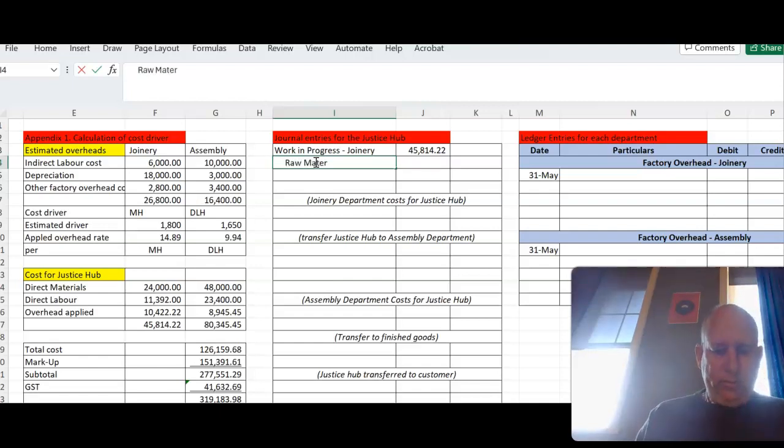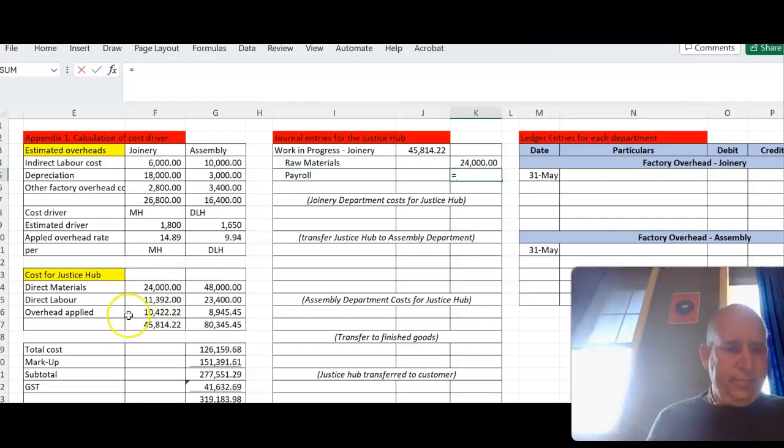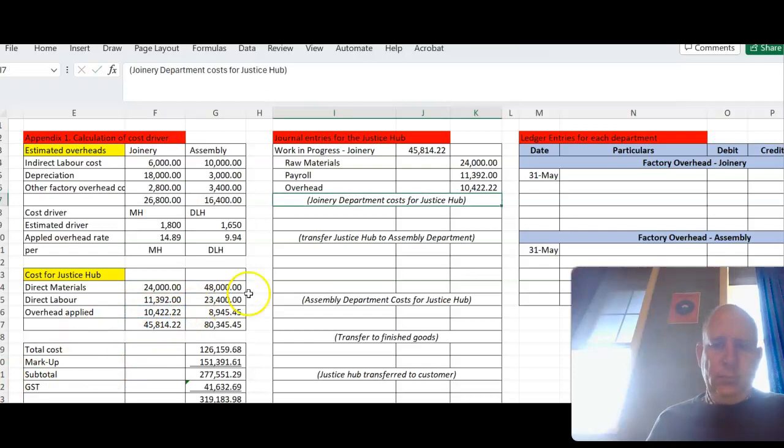Materials first. Labour, which comes out of the payroll. This is the direct labour. And the overhead. So that's transferring all the costs into the job out of materials, labour and overhead.